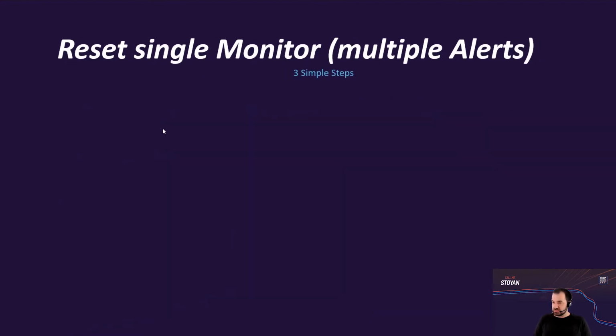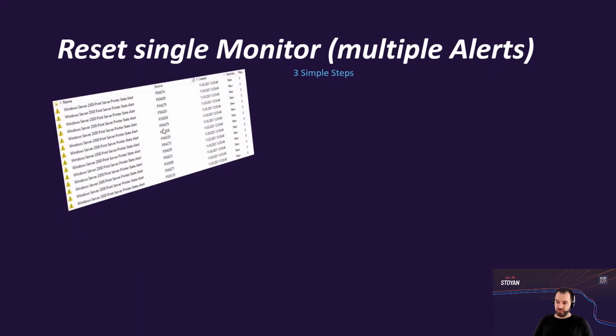The next use case we would like to look at is resetting a single monitor. It happens quite a lot that a single monitor generates lots of alerts from different servers. On the screenshots you see an example of this, and I have found that in some cases it's nice to reset this monitor, clean up all the alerts and check if the issue happens again, if the alerts reappear.